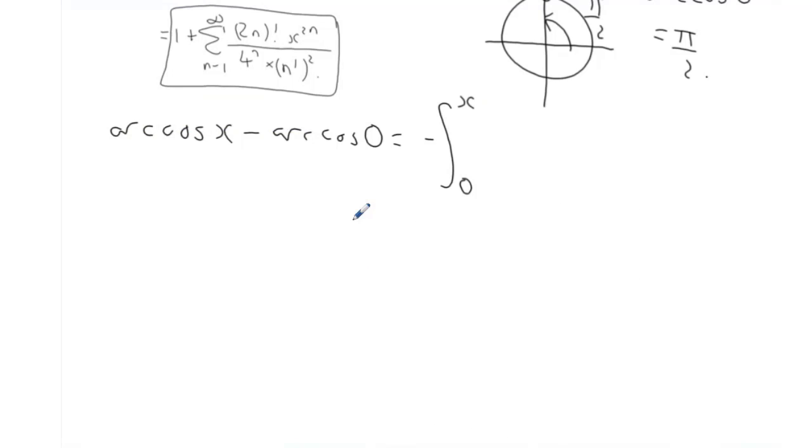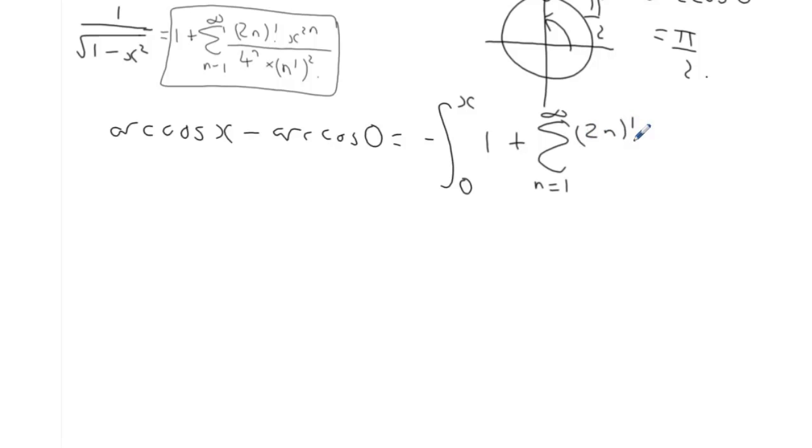So minus the integral of our series, because remember, this is 1 over the square root of 1 minus x squared. That's a power series representation. 1 plus the sum from n equals 1 to infinity of 2n factorial.